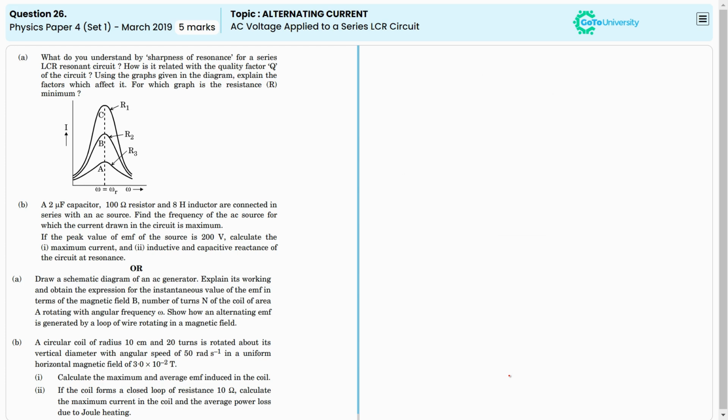Then we will get ε is equal to minus NBA d by dθ into cos of ωt, and ε is equal to NBAω sin ωt, or ε is equal to ε0 sin ωt, where ε0 is equal to NBAω.